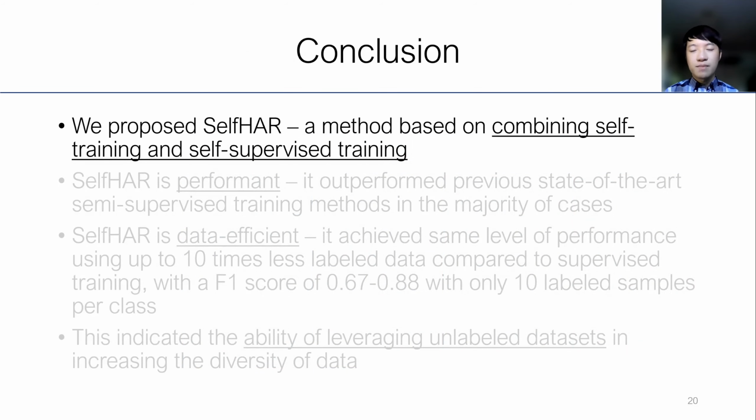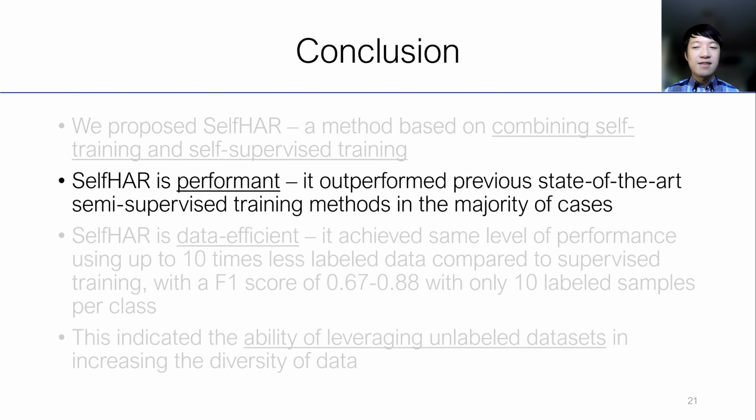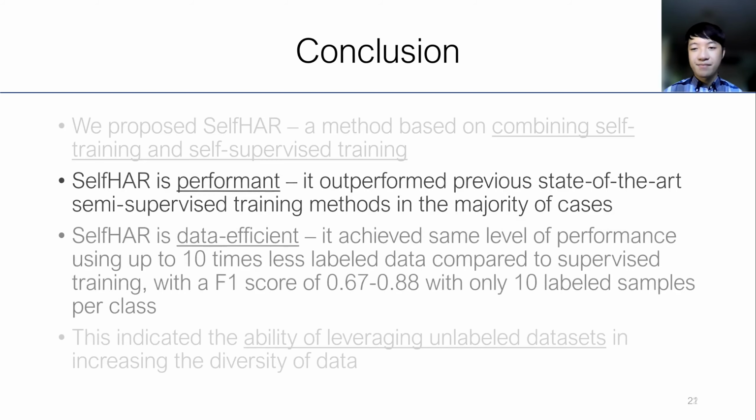So to conclude, we propose SelfHAR, which is a method based on combining self-training and self-supervised training. And we have shown that SelfHAR is performant, where it outperformed the previous state-of-the-art semi-supervised training methods in the majority of cases.